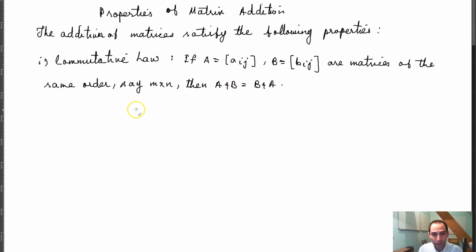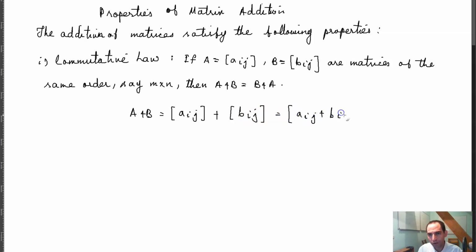Now the proof for that is as follows. A plus B, as we defined A and B, is basically A of ij plus B of ij.